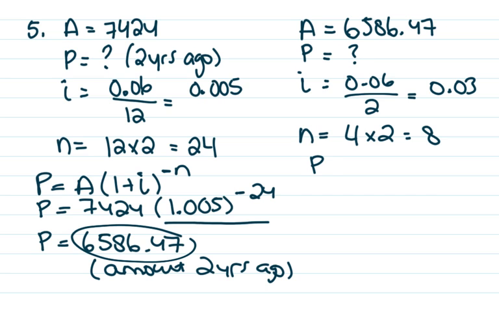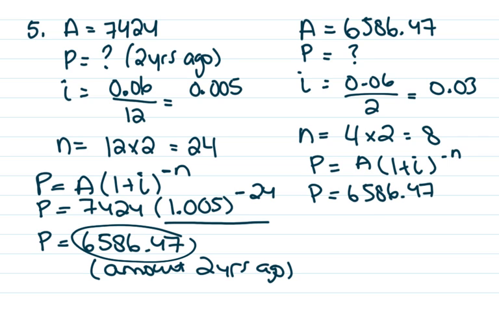So we're going to use that same equation. P equals A(1 + i)^(-n). A is 6,586.47. The interest rate is 0.03, so 1.03 to the power of negative 8.